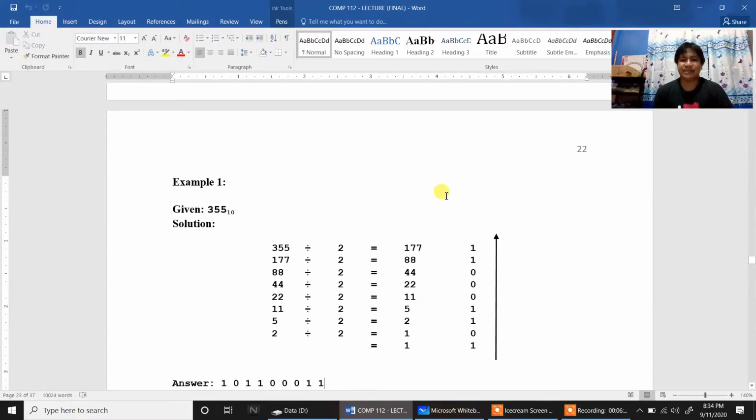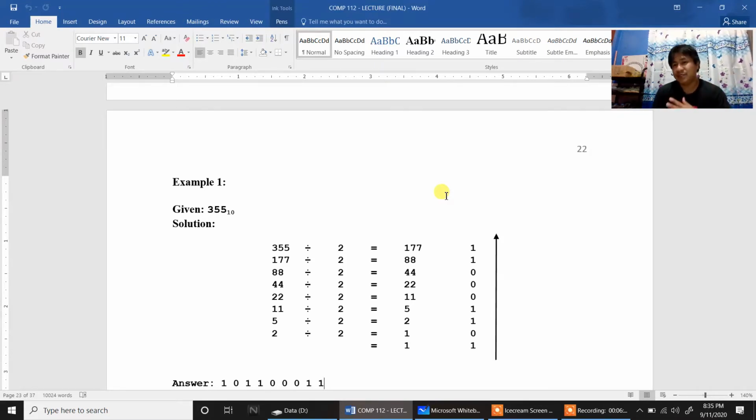Based on our example, we have 355 base 10, and we will convert it to binary. As you have observed in our example, we divide 355 by base 2 of the binary. If you divide it, 355 divided by 2 is supposed to be 177.5.